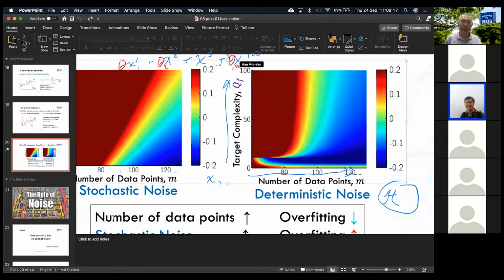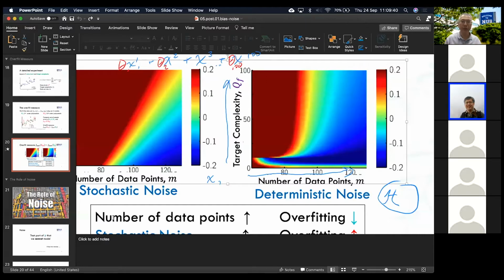Just to make clear, we're not talking about, at this point, having multiple features in X. We're talking about having a single feature X and having multiple powers of it. So the target complexity could still be a polynomial function, but it's only in one dimension, of one feature.